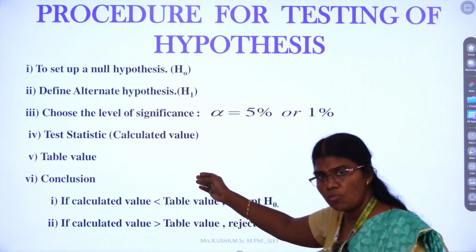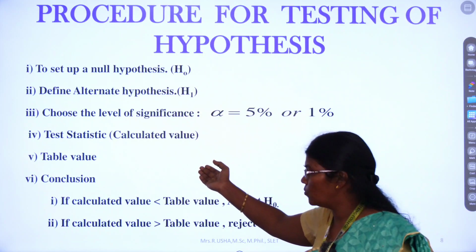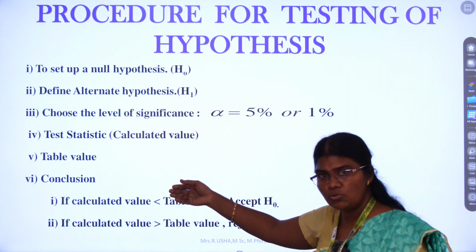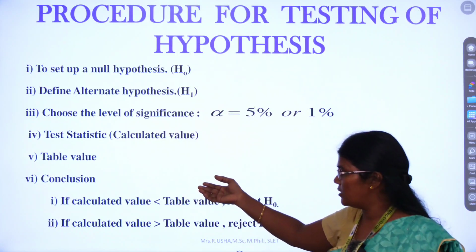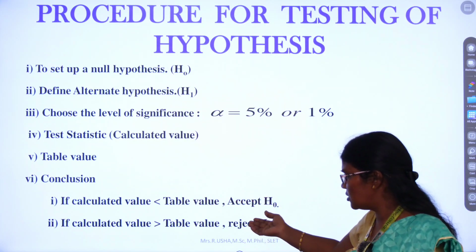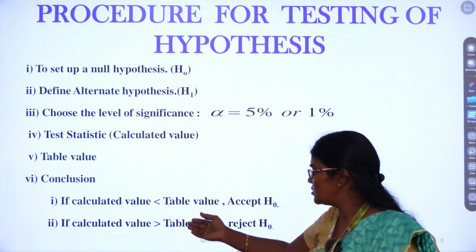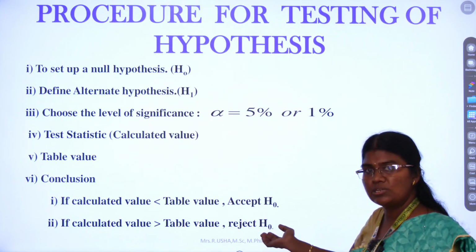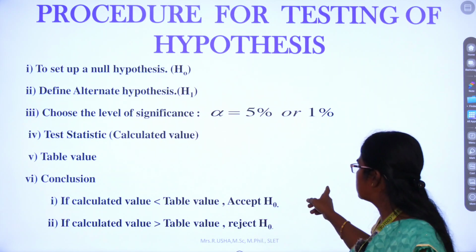By using the formula we do the calculation, so it is called the calculated value. Next, the table value, which is already defined. And next, the conclusion. If the calculated value is less than the table value, we accept H0. If the calculated value is greater than the table value, we reject H0. These are the procedures for testing of hypothesis.